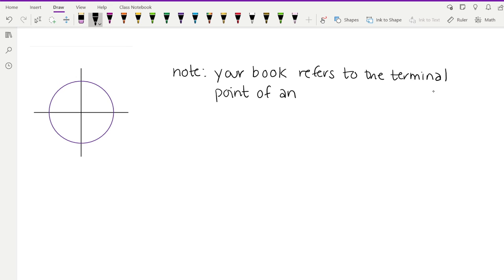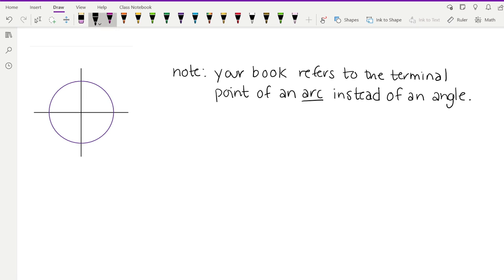Of an arc instead of an angle. So when I say arc, it's exactly the definition of arc that we learned in our last video, I think, when we talked about arcs and sectors.